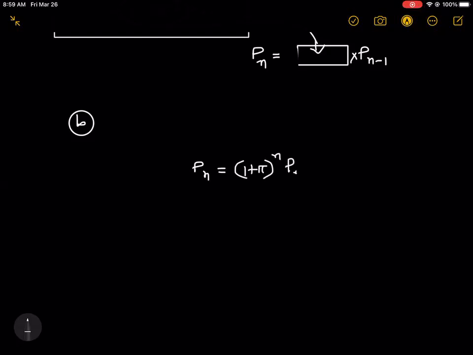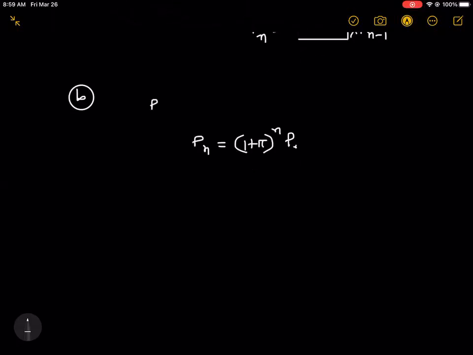Like this? Yeah. Okay, so if we already have the formula, now we can actually plug in the values to get the explicit formula for this particular problem, right? So we know P naught is 300 because it's the initial population, which is given.